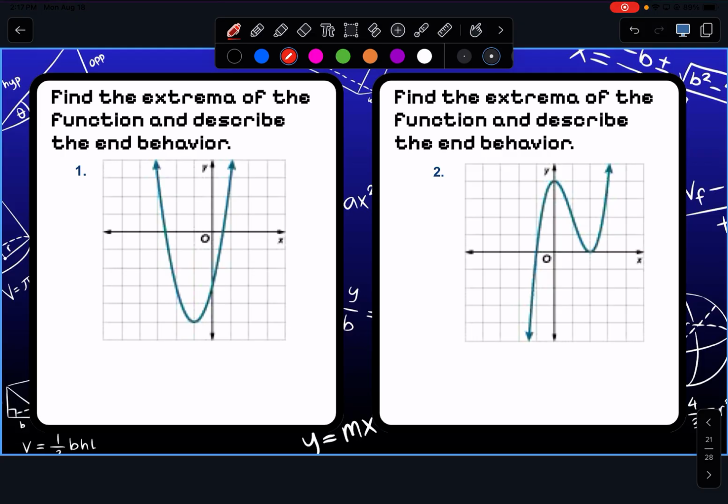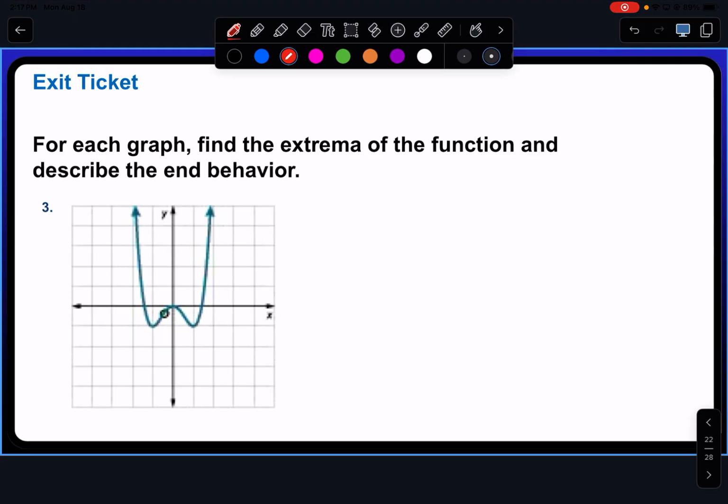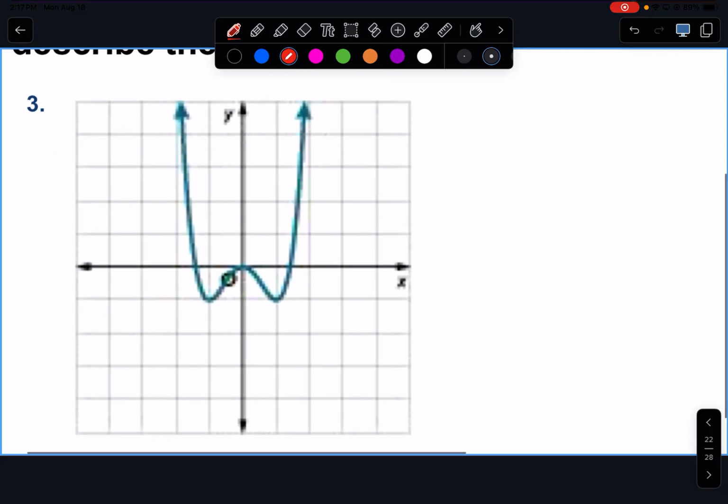Okay, we all have that one down? Okay, let's look at this one then. What's going to be our extrema and end behavior for this one? I'm going to zoom in for this one.